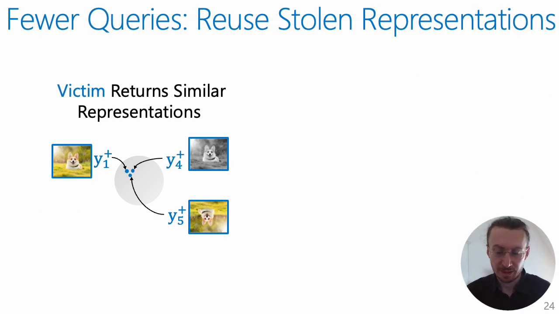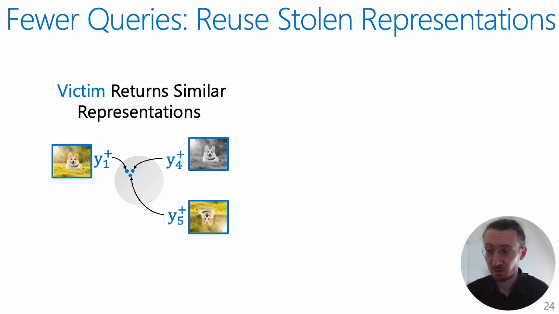How to improve the attack? If you issue too many queries to the victim encoder, it's expensive and you can be detected. We don't need to do as many queries to the encoder as was, for example, the case for supervised learning. The key observation is that the victim encoder returns similar representations for an image and its augmented versions.